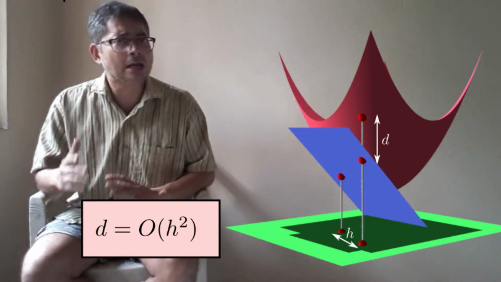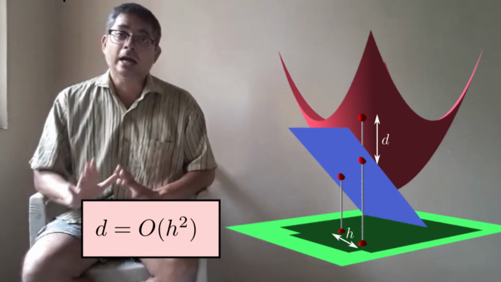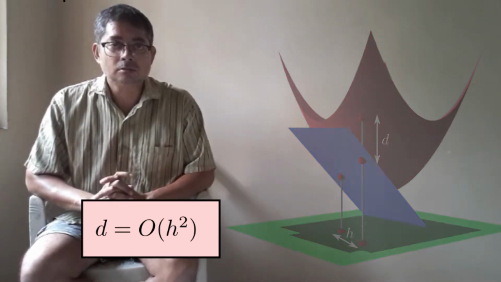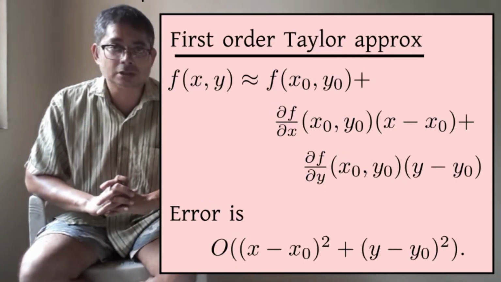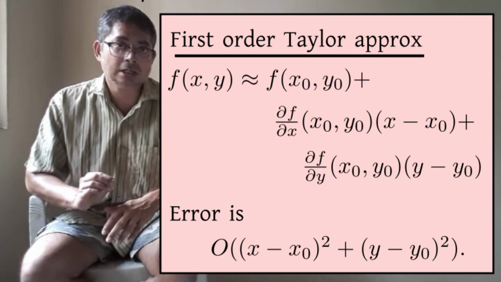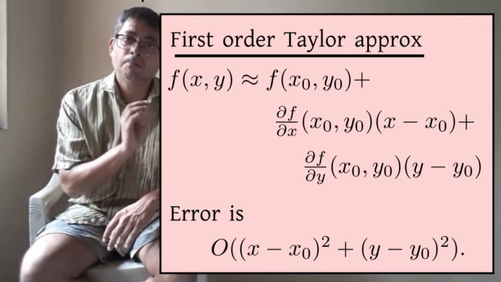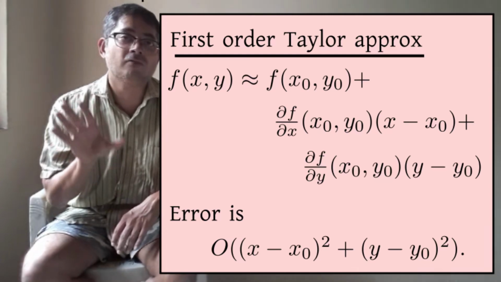You need something analogous to existence of second derivative. And that actually is what is called the first order Taylor approximation to this bivariate function f. You write it as the function is this plane plus some error which is of the order of big O of h square.